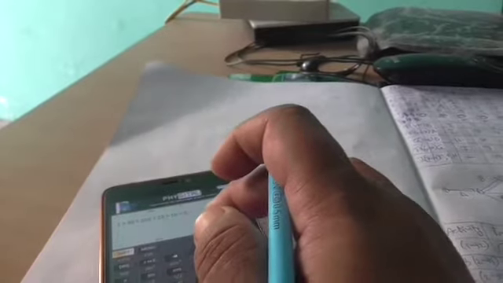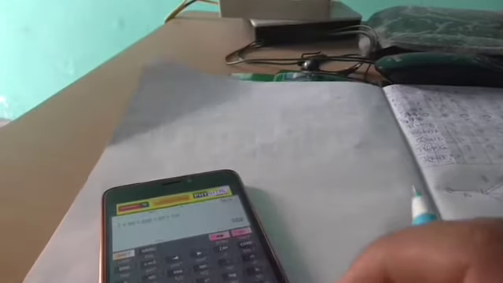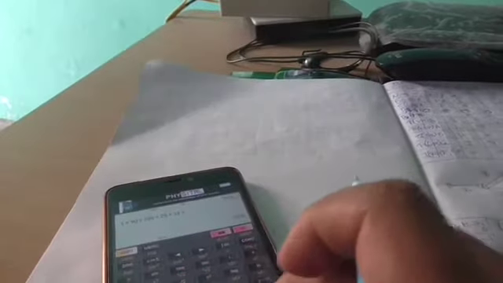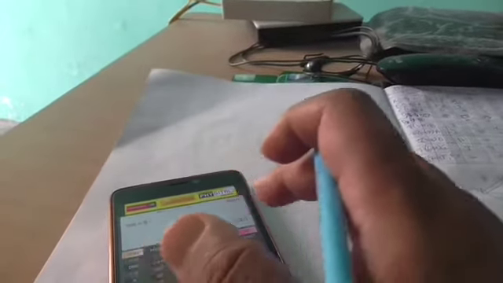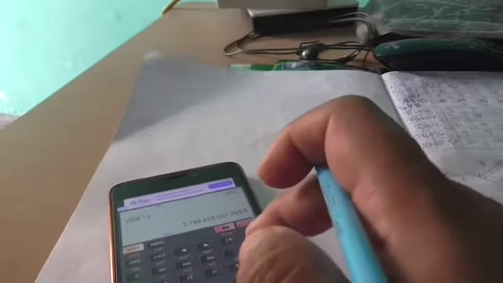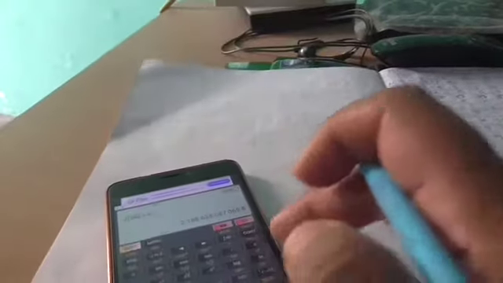Sorry, that's quite wrong. Divided by 9. So sorry, it's root over of 43.1. So if you put a square root, put a bracket.